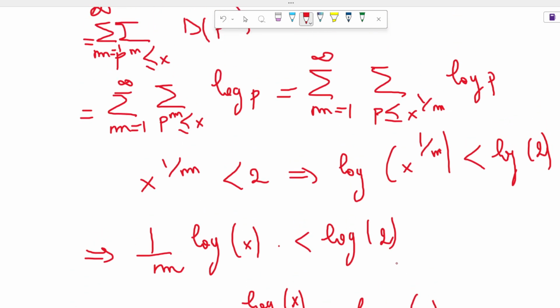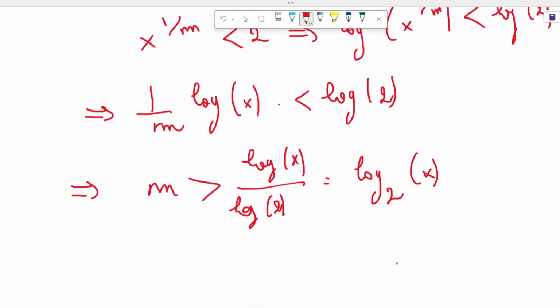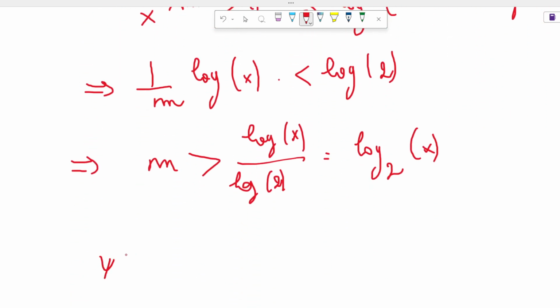So basically, m does not go from 1 to infinity, but m goes from 1 to log 2 of x. So we can rewrite the Chebyshev function as the sum, with m not going from 1 to infinity, but m being less than log 2 of x because it's not an integer.